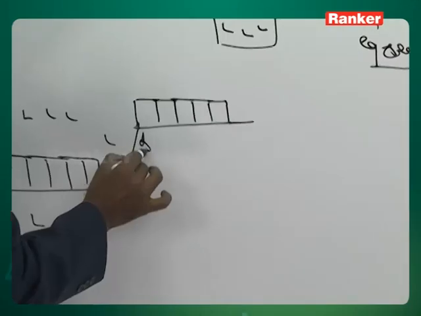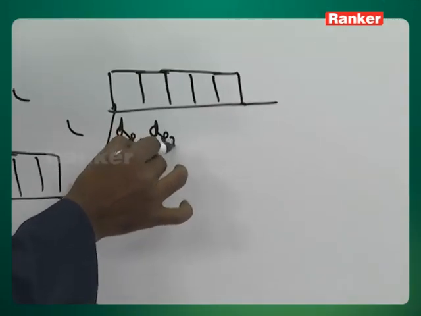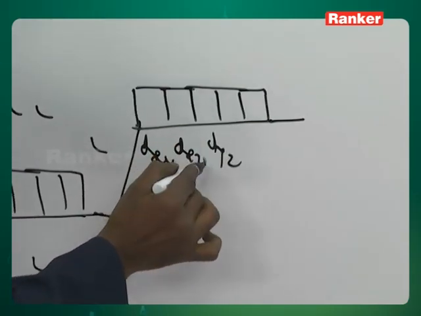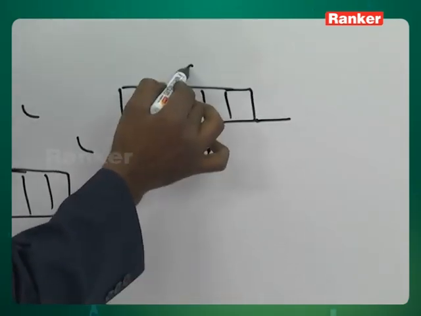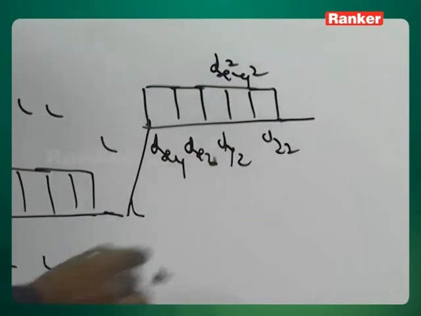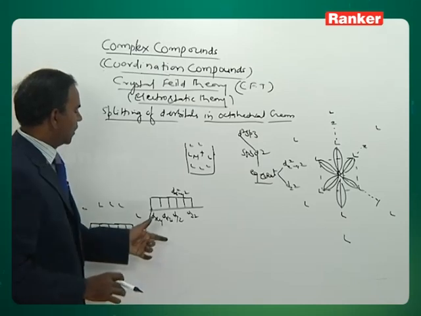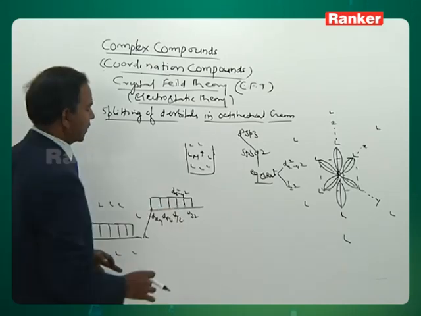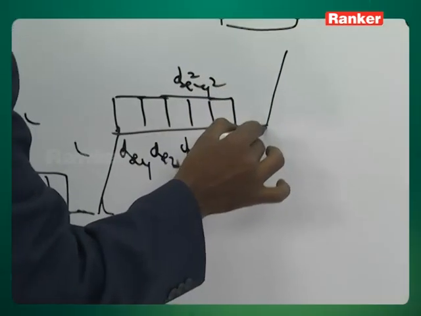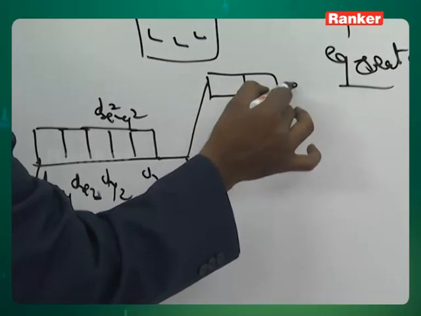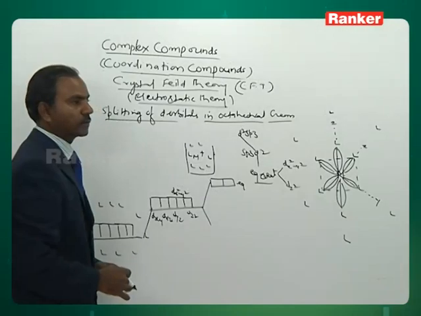This is dxy, dxz, dyz, this is dx square minus y square and this is dz square. These are the 5d orbitals. The eg set of orbitals are experiencing greater repulsion, therefore their energy is increased. Increase will be for this particular eg set of orbitals.